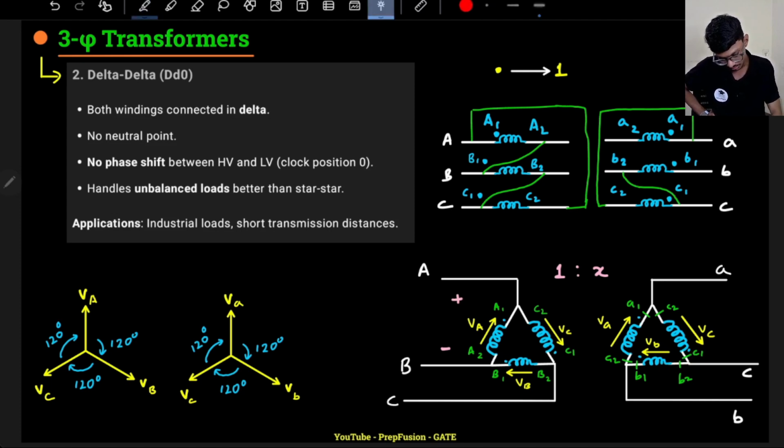And A2 will be connected to B1, so A2 will be connected to B1. That's it, understood, got it.